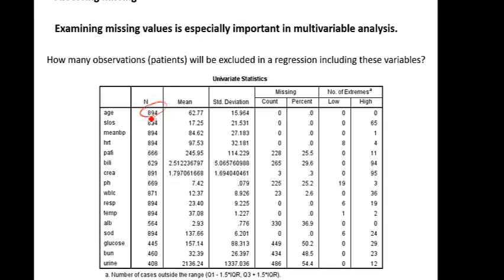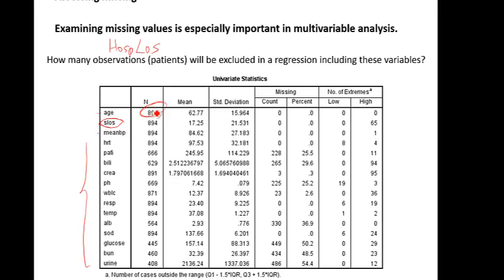We are going to predict hospital length of stay, SLOS here, as an outcome variable, as a function of age, mean blood pressure, heart rate, PAFI, and the rest of these measurements. You might think this analysis is very powerful because it includes 894 patients.